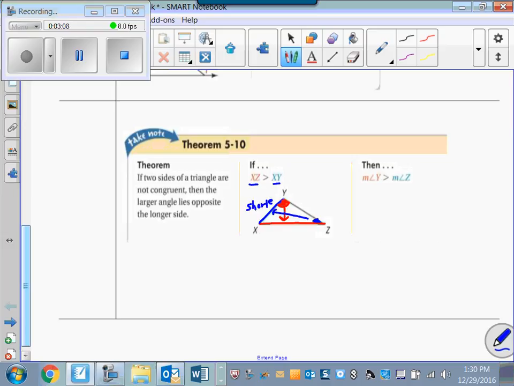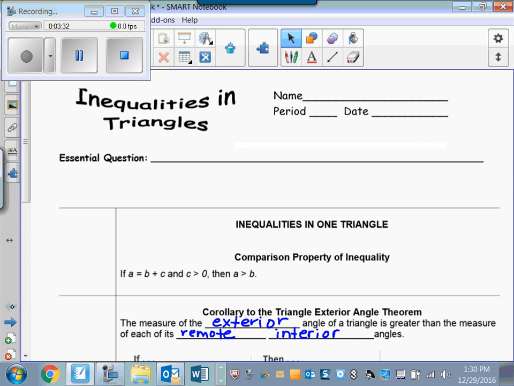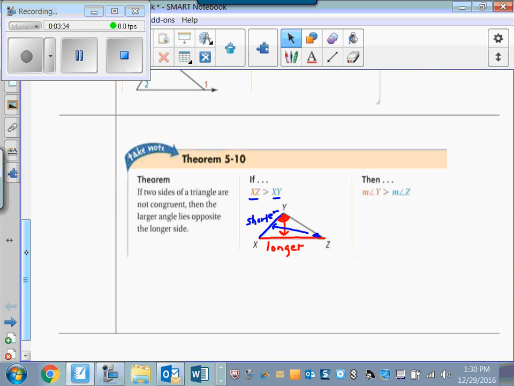So shorter, longer. Once again, unlike some things we study in math, I think that makes pretty darn good sense. The longer side is going to be across from the larger angle, and the shorter side will be across from the smaller angle. I think that might actually be the converse. So there it is.